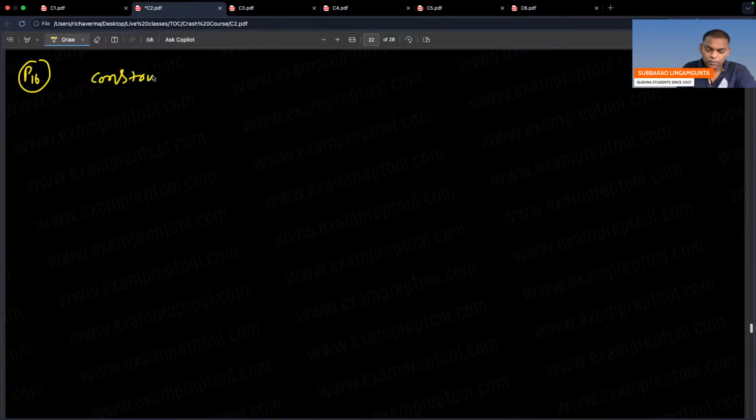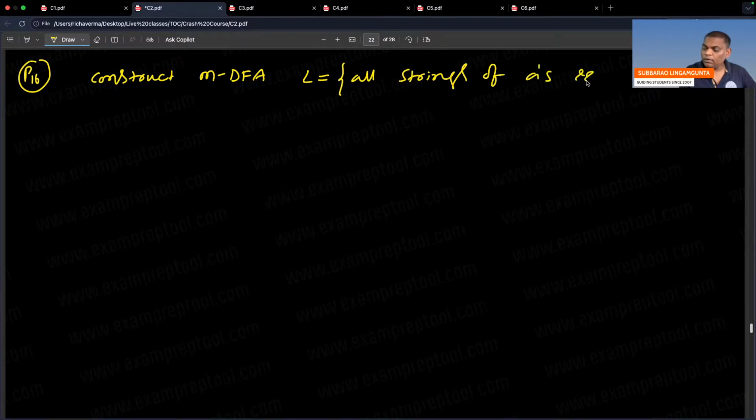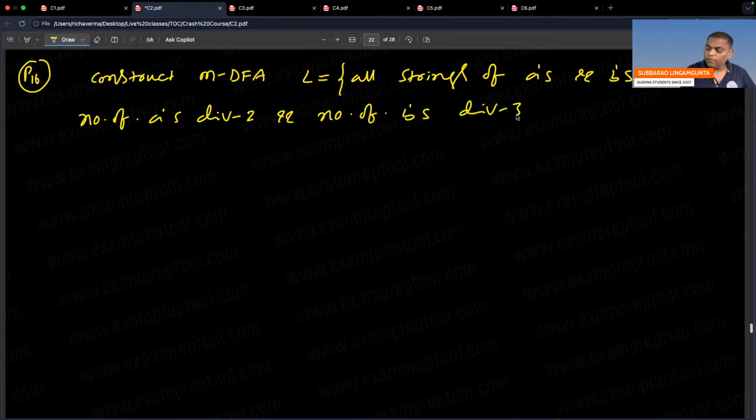Construct minimal DFA for the language L is equal to all strings of A's and B's where number of A's is divisible by 2 and number of B's is divisible by 3. Careful, this is a very interesting story. This is the problem.